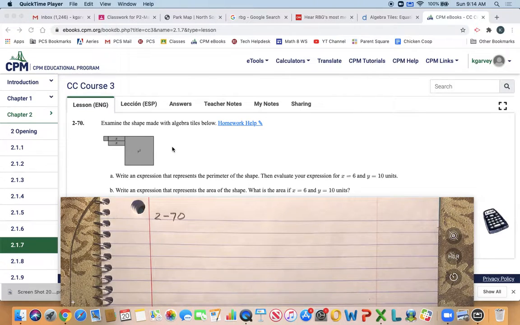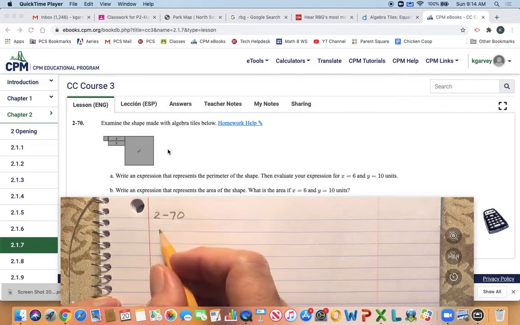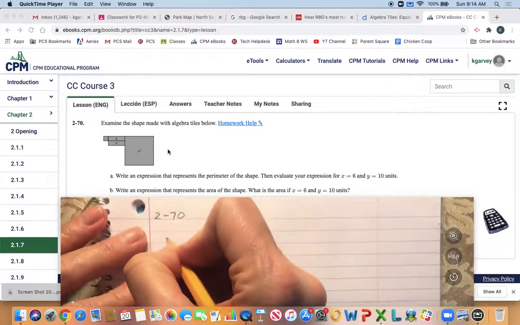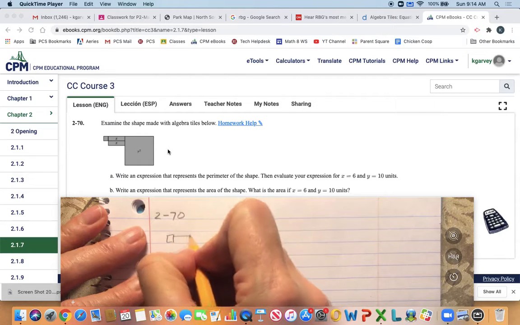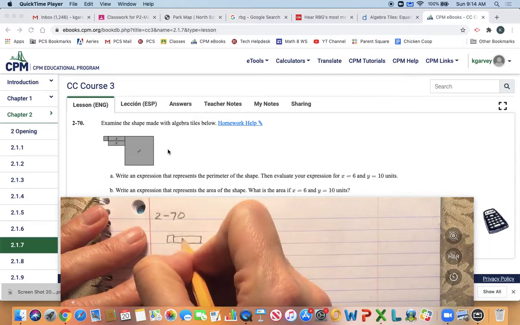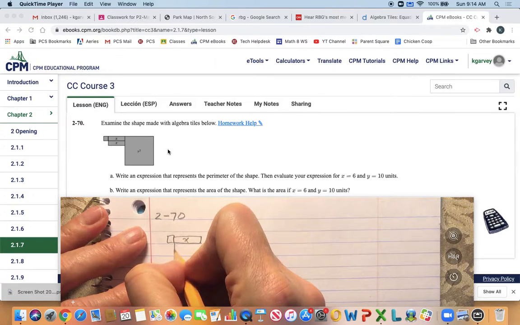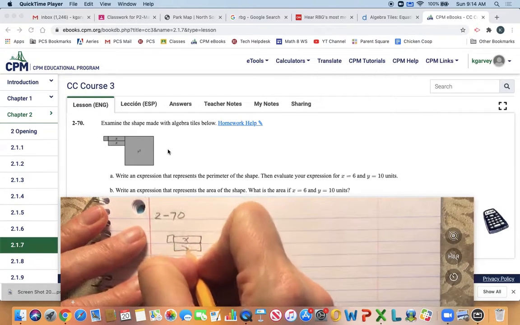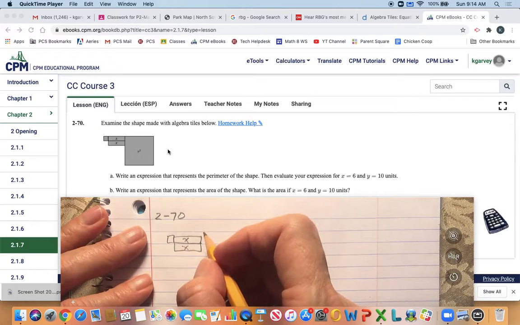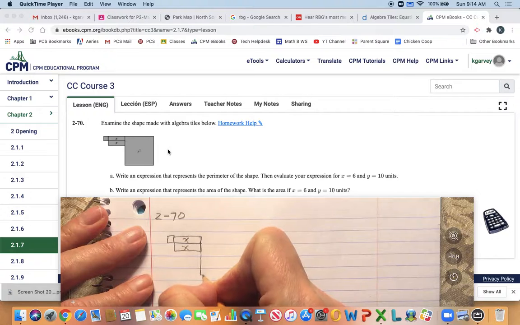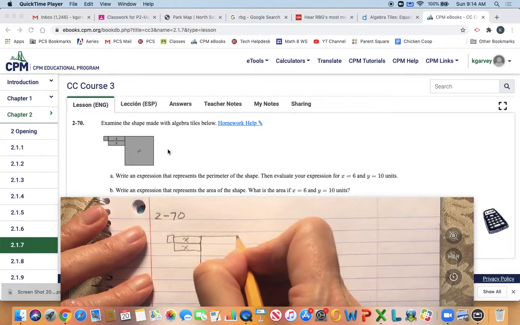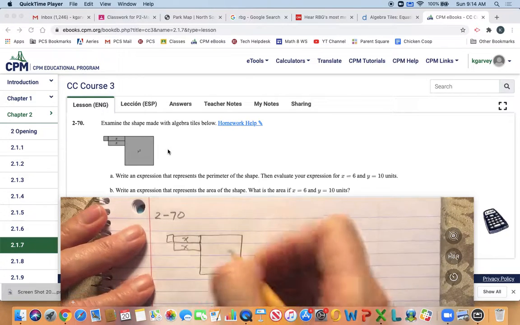So I'm going to redraw the shape onto my paper below, and then I'm going to start labeling it. So here's a 1 tile, and then we've got 2 X tiles. So I'll label those. And then we've got one of those big Y squared tiles.